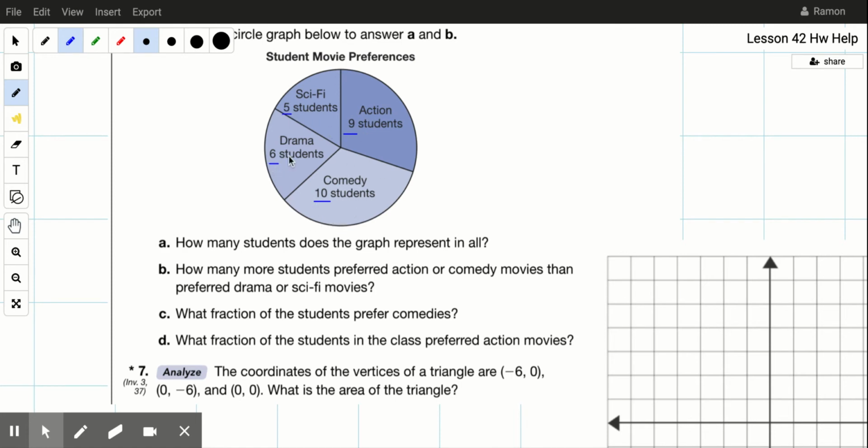So 10 plus 9 plus 5 plus 6 is the in-all number of students. How many more students preferred action or comedy than preferred drama or sci-fi? So you have to take the number of action preferences, which is 9, and the number of comedy preferences, which is 10. We would combine those two numbers to find the sum. And then you have to find the sum of drama and sci-fi.